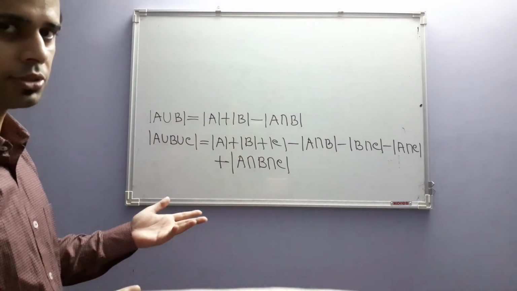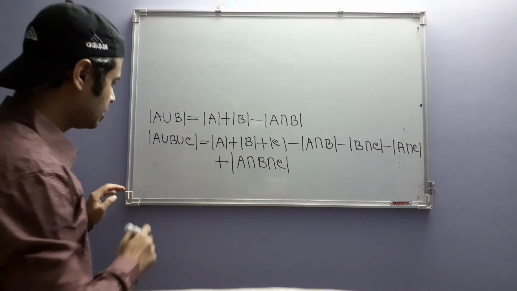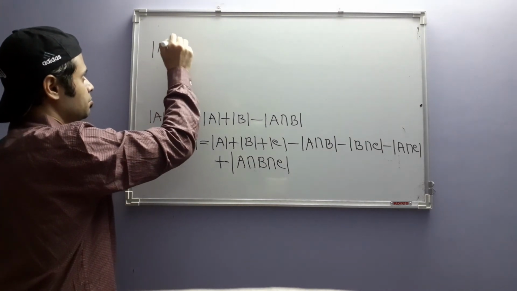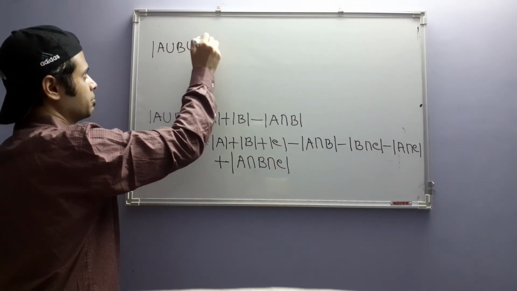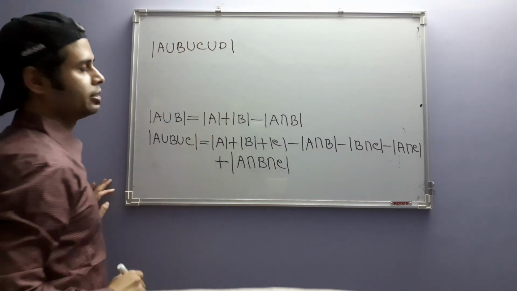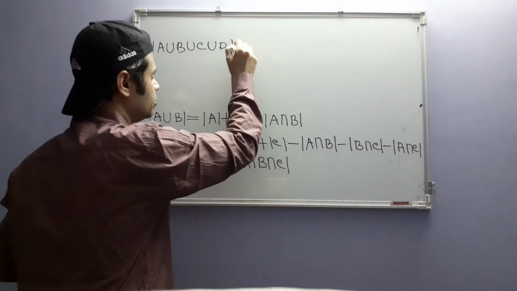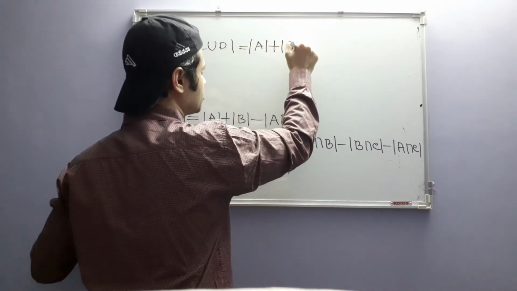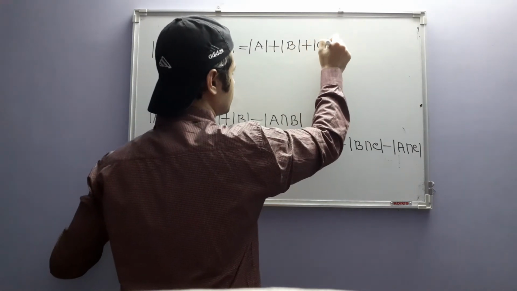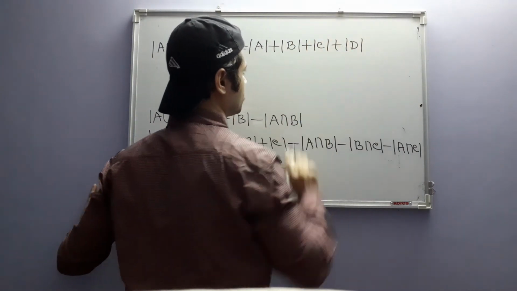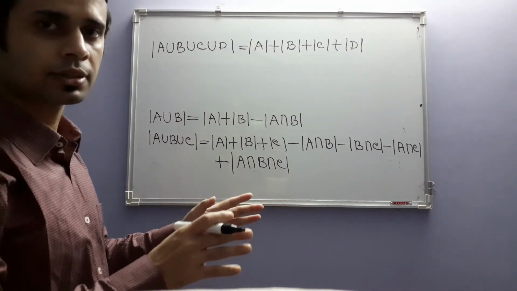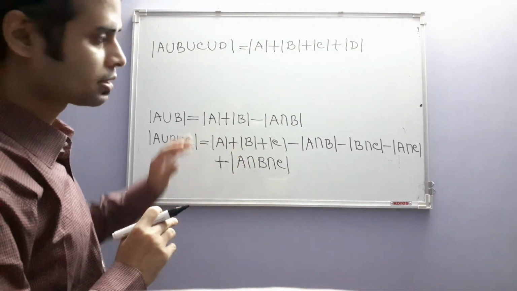Now you see the pattern now. Now you can easily write, although this is yet to be proved, something like this. You add the cardinalities of the individual sets. Then you subtract the cardinalities of intersections by taking 2 sets out of them.